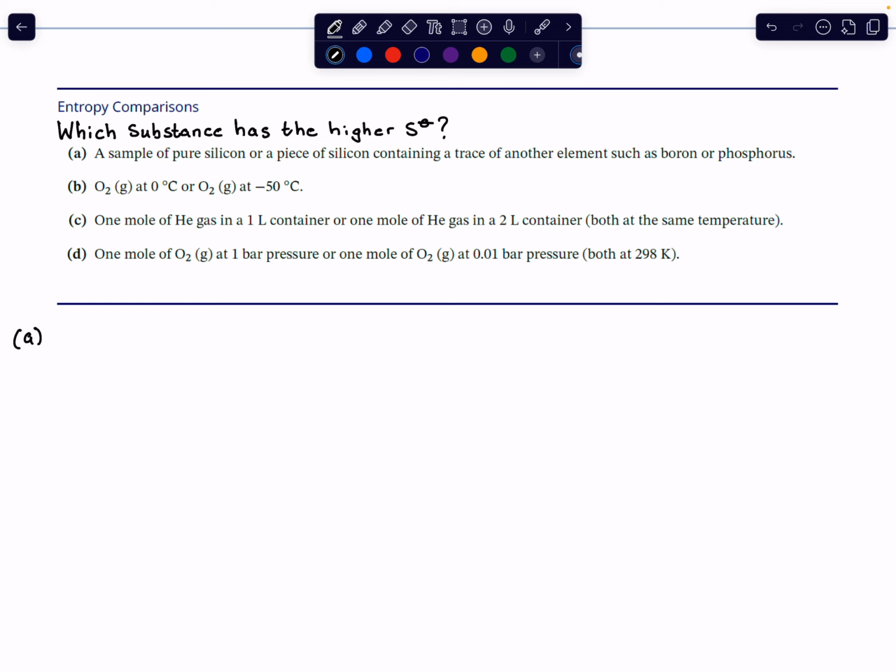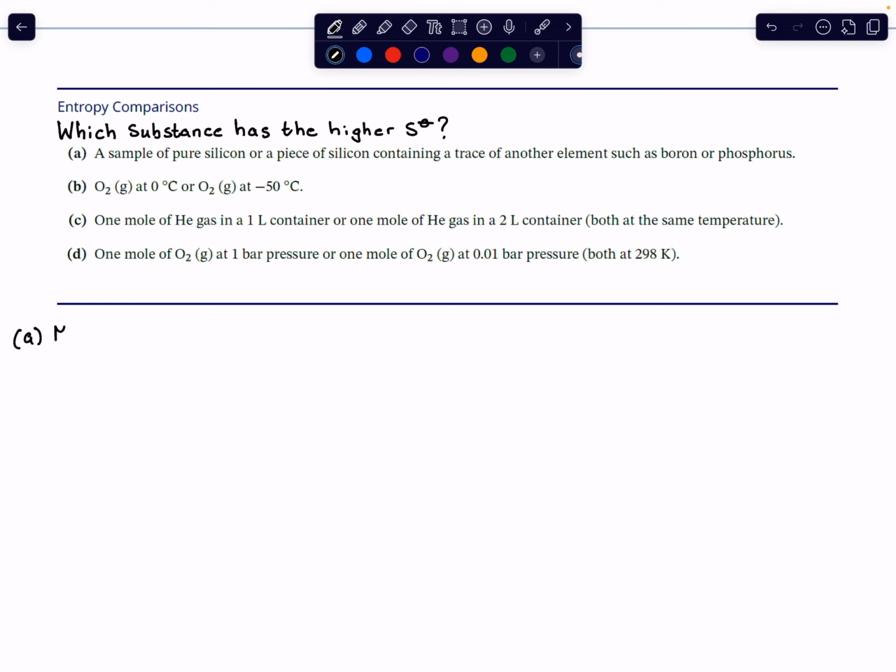If something contains more different elements, it contains more kinds of matter, and hence it has more options of dispersion, right?